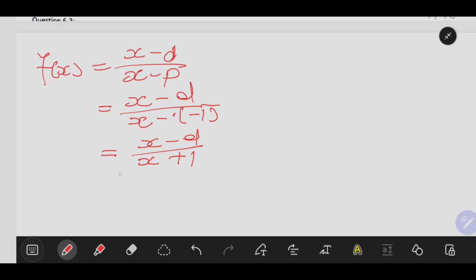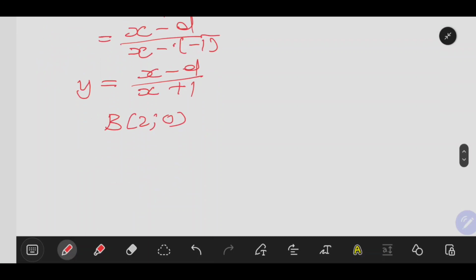And then we use point B, which is (2, 0), and substitute it into the equation. Meaning that when we see x, we substitute it by 2, then our y value is 0. Then we say 0 equals 2 minus d divided by 2 plus 1. On the denominator, we have 3.